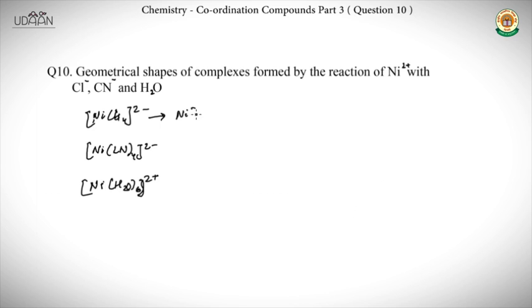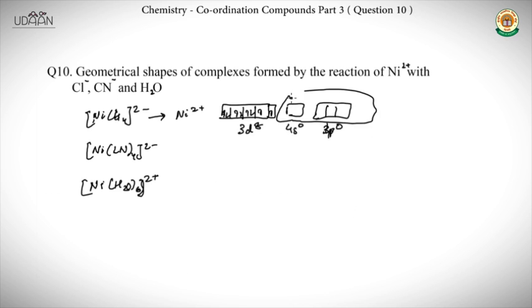NiCl4 2- is Ni2+ with a weak field Cl ligand, so it will have no pairing. We will have 8 d electrons, and this will be 3d8, 4s0 and 4p0. So our configuration will be tetrahedral because it is sp3 hybridization.